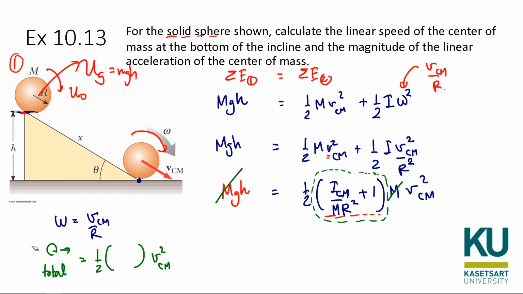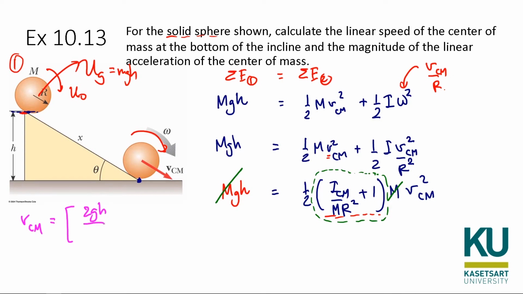After rearranging this term, you have the derived velocity of the center of mass for the object rolling from height h, or from the slope to the ground. So this is equal to 2gh over 1 plus I_cm over m r squared, under the square root, because this is a square.